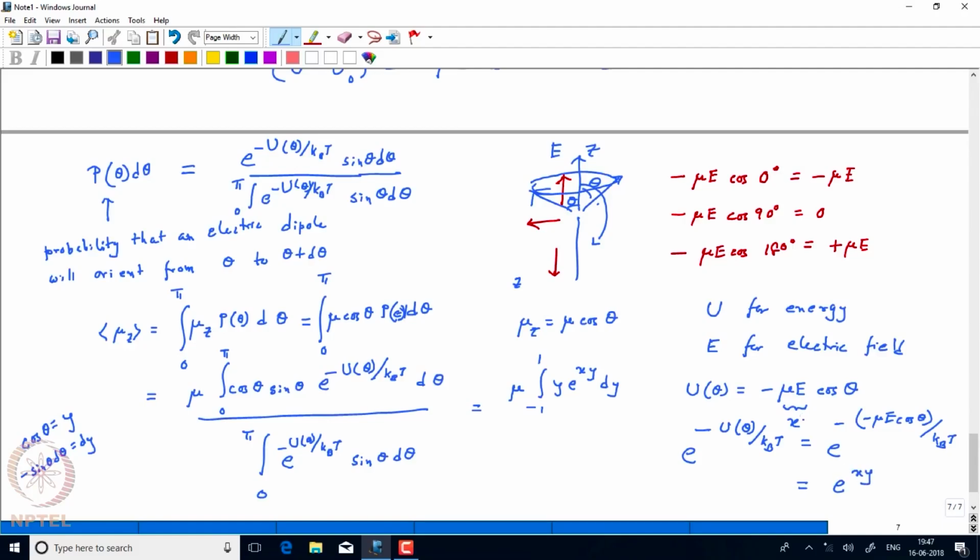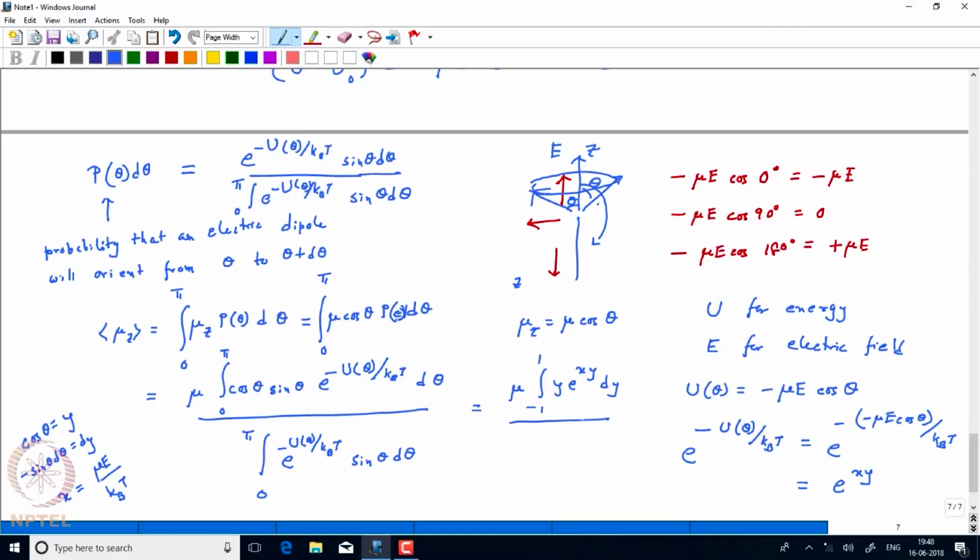So x is nothing but mu E divided by kBT, where kB is the Boltzmann constant.